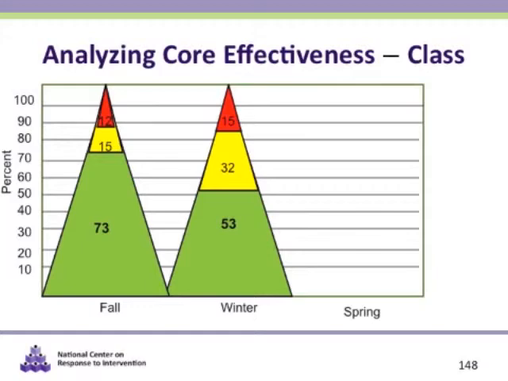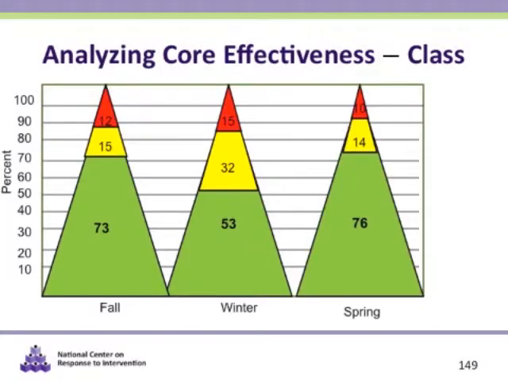And in fact, if we had focused on those kids in secondary and tertiary and ignored the kids in primary, we don't know if there were kids who were in the yellow at the beginning of the year who moved to the green, and then a bunch of kids who moved down from the green. So that's something we would look at more in depth.